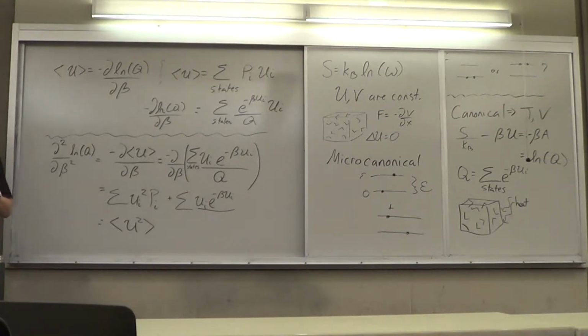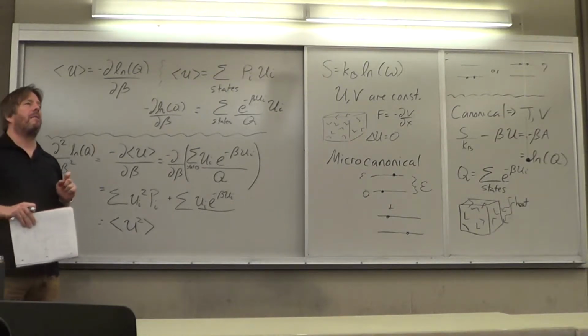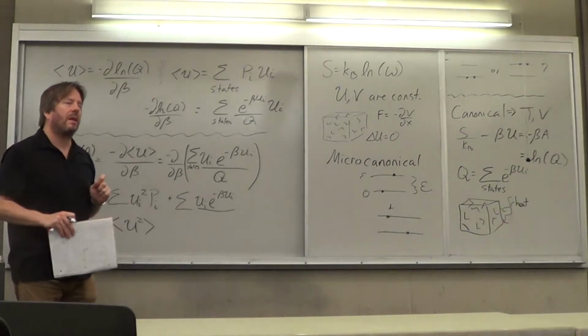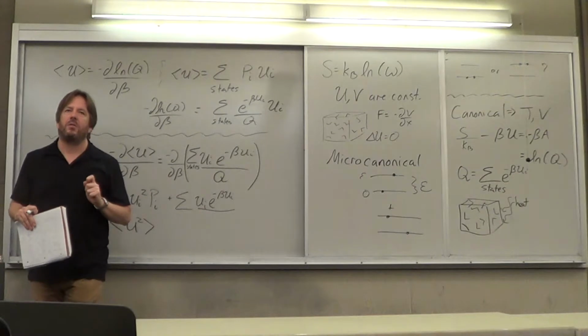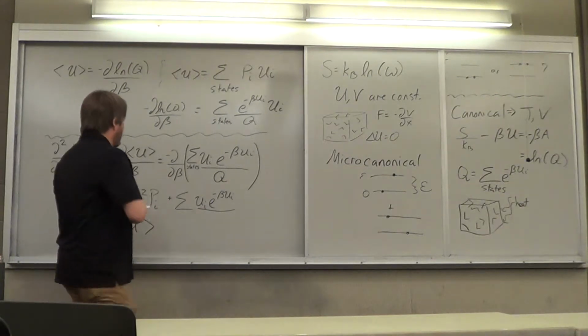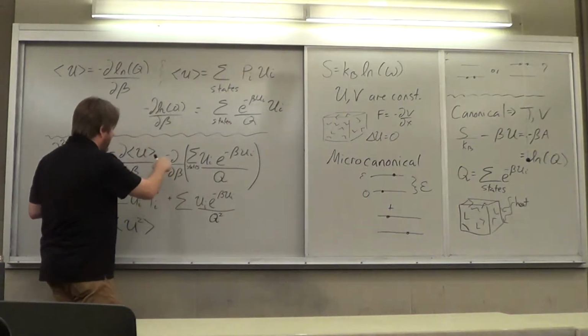What is the derivative of 1 over f of x with respect to x? That's the derivative of f to the minus 1. You bring down a minus sign, and get f to the minus 2 times the derivative of the inside. So I've got a Q squared on the bottom, and the minus sign has been canceled, there's my plus.